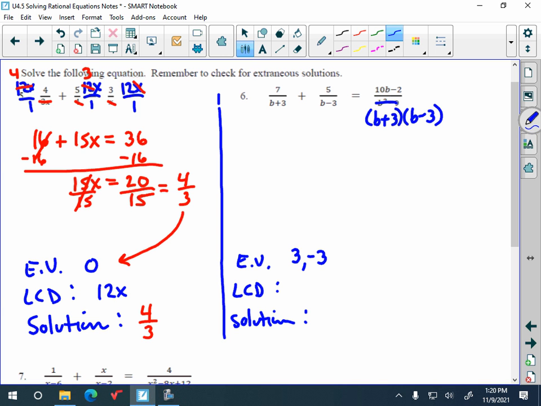All right, so again, our excluded value, negative 3 from here, positive 3 from here. That's still negative 3, that's still positive 3. We already have it. All right, so what would the LCD be? Good. B plus 3, B minus 3. So you need both of them to cancel these denominators out. Okay, B plus 3 times B minus 3.